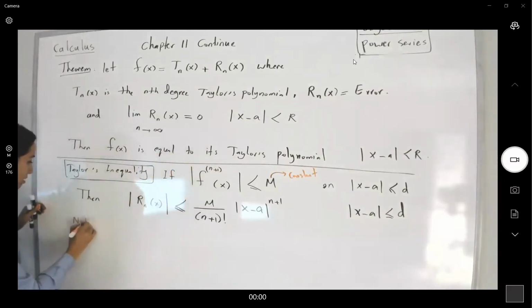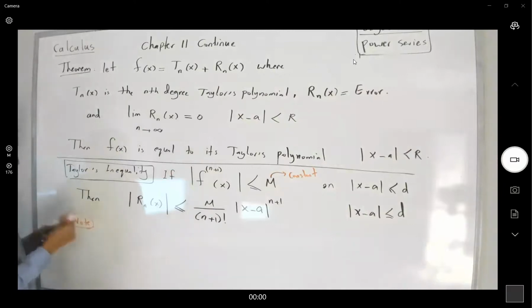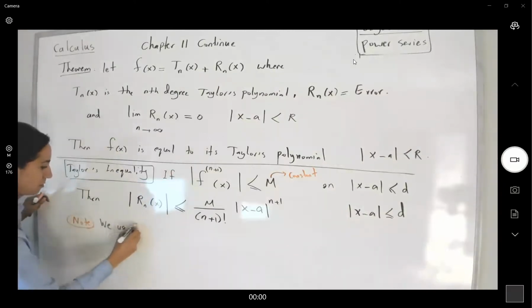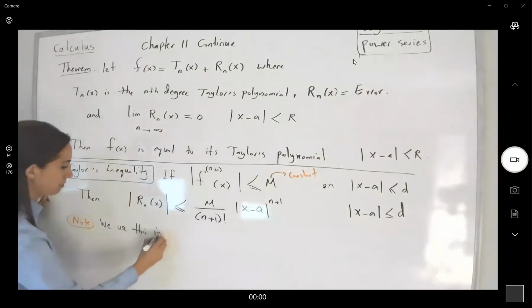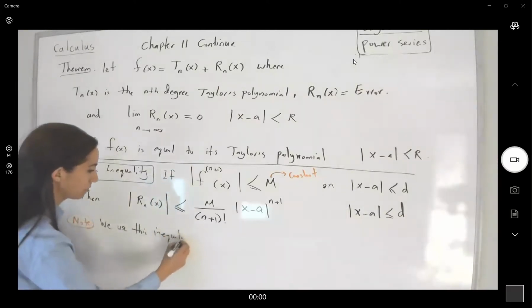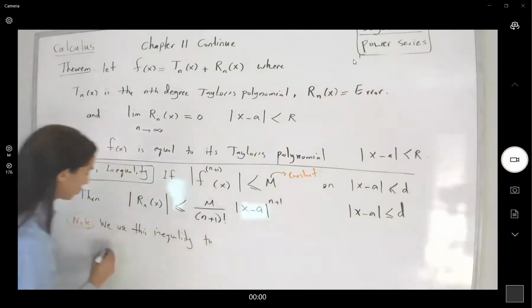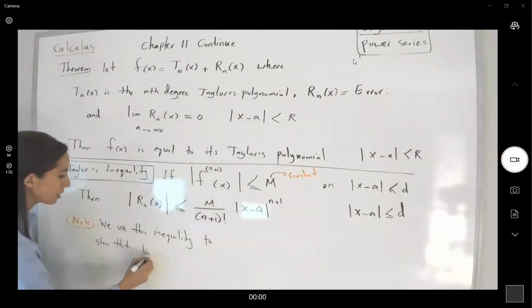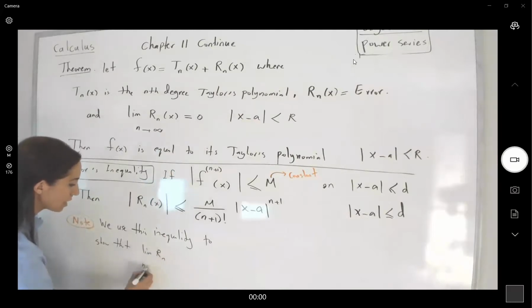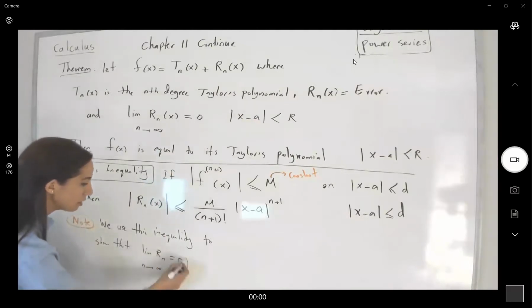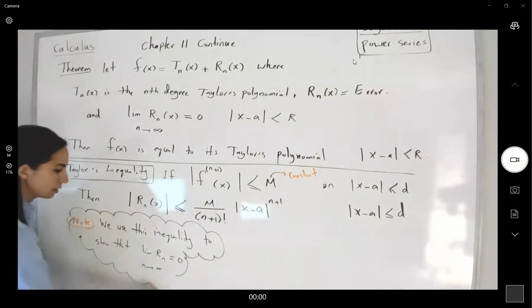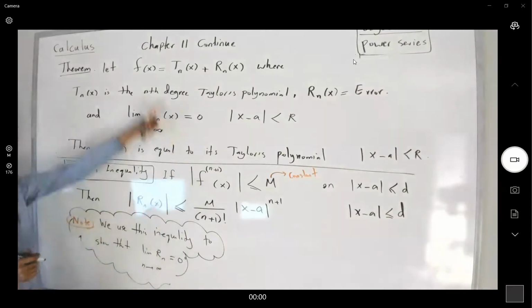Note, you use this inequality to show that the limit of Rn as n approaches infinity is equal to 0. That's the use of this inequality.